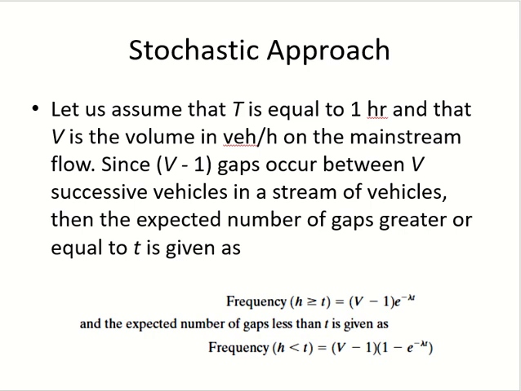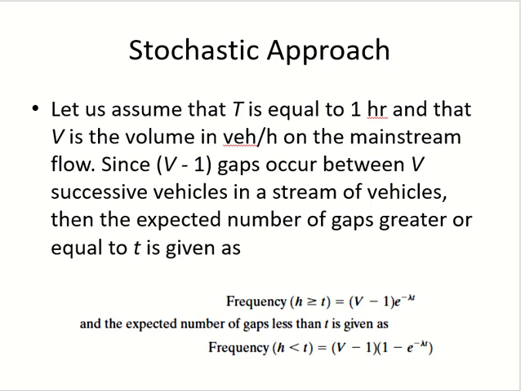If there are 4 lines, the number of gaps is 3, right? So let's say these lines are the cars. If you have 4 cars, then you can have 3 gaps between them. If you have 5 cars, then 4 gaps between them, right?